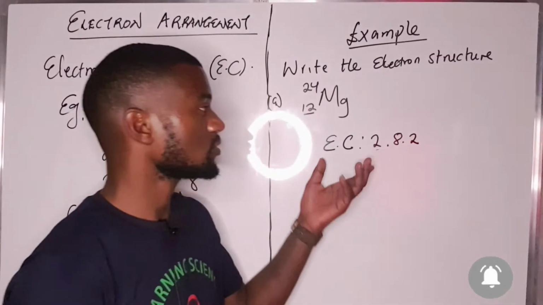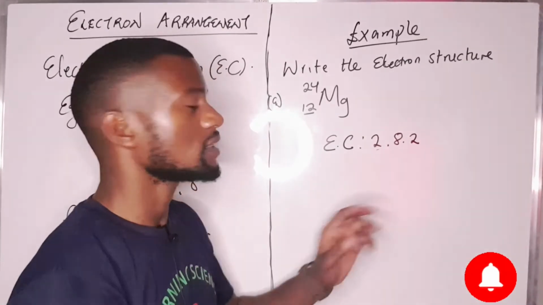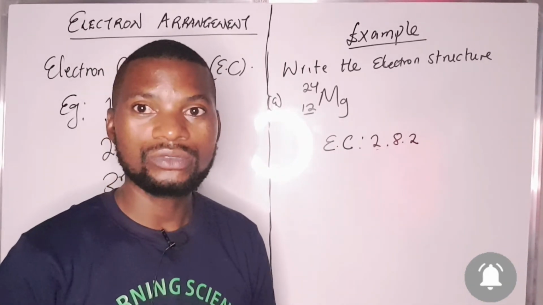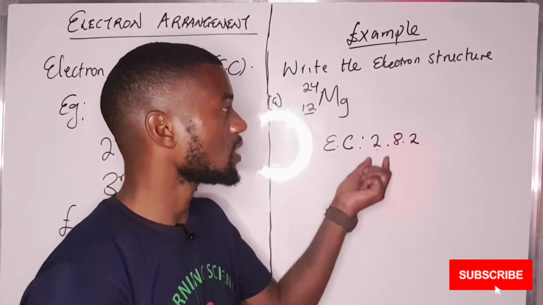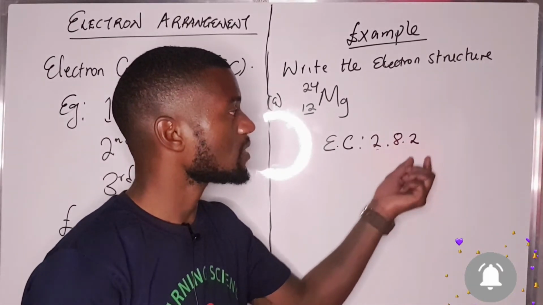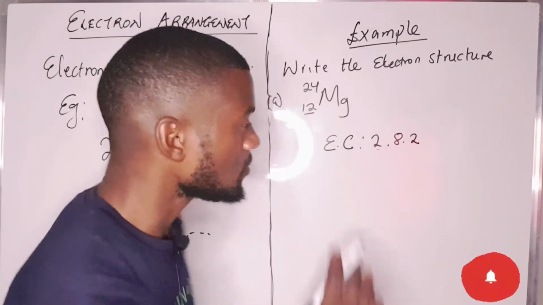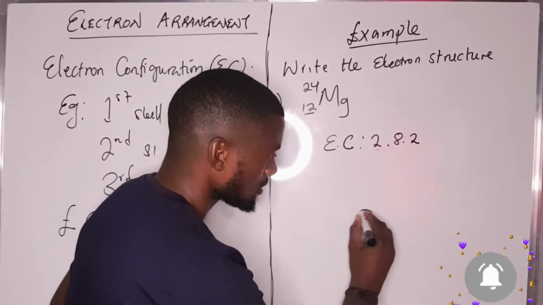So the electron configuration gives you a guide that there will be 3 shells filled. The first shell will have 2 electrons, the second shell will have 8, and the third one is going to have 2. From there, you write the structure.